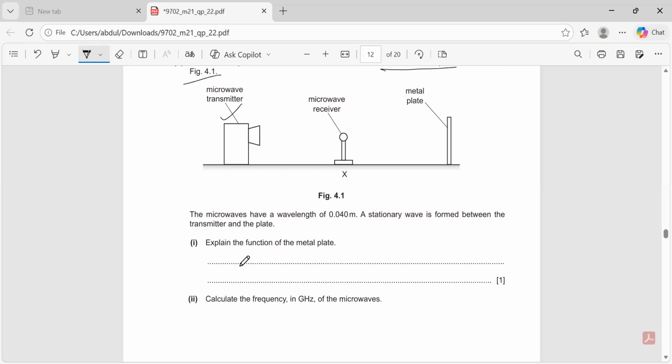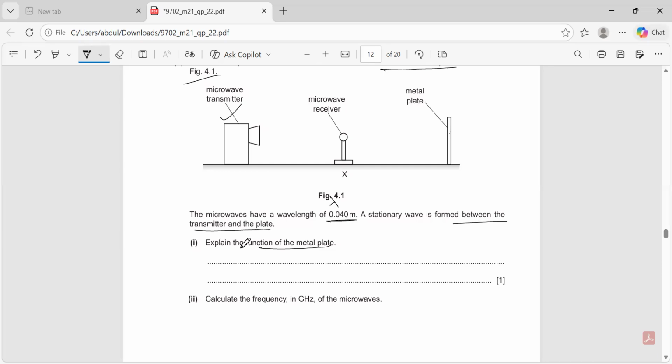Here is the receiver and metal plate. The microwave has a wavelength lambda, already in meters. A stationary wave is formed between the transmitter and the plate.